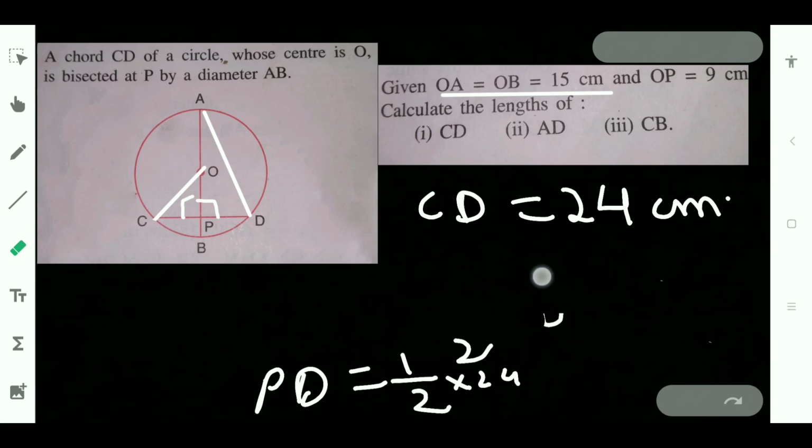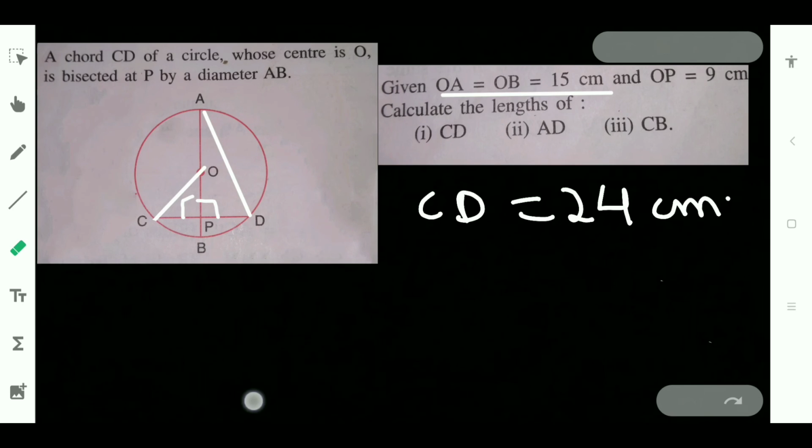So PD will be equal to 12 centimeters. This is from equation 1 that I have written before, right? Now we have to find the length of AP over here.